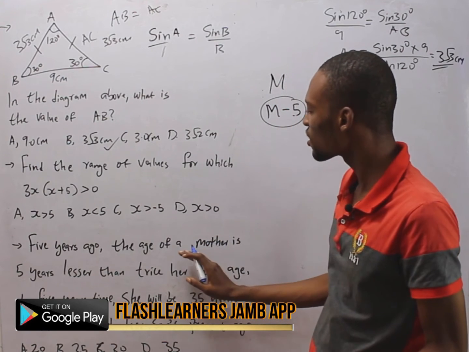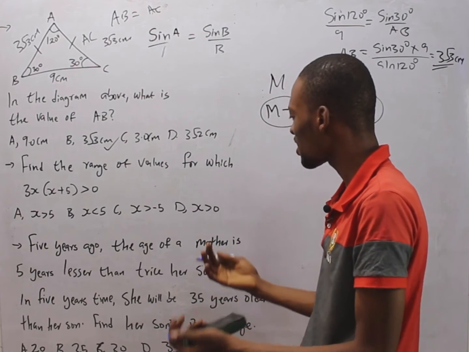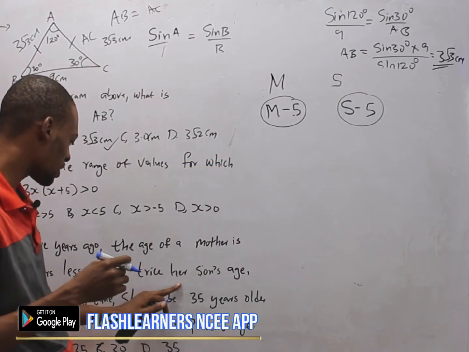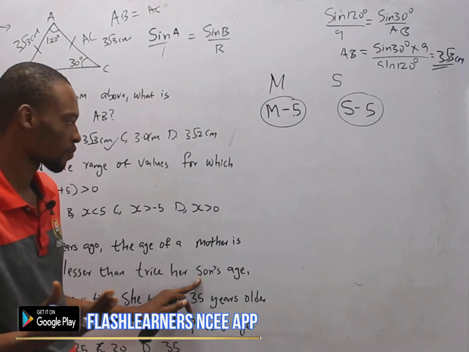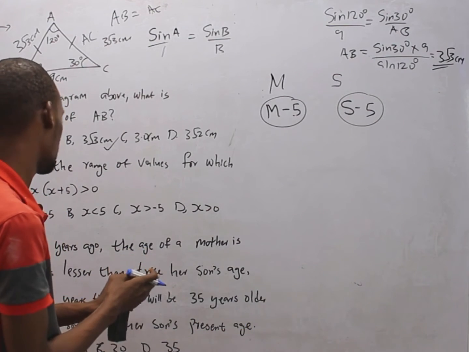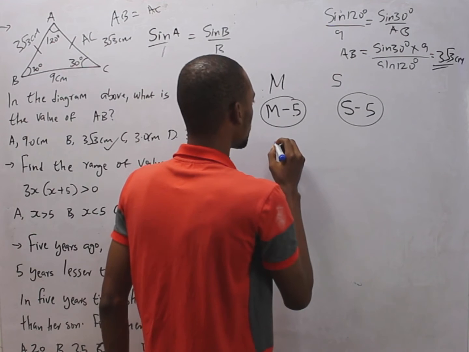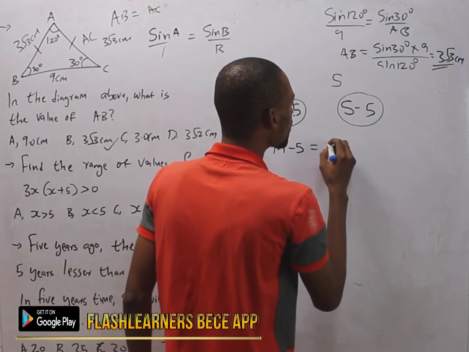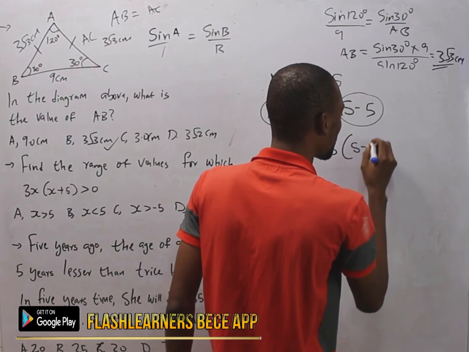It says the age of the mother is 5 years lesser than thrice her son's age, which is thrice her son's age minus 5. That was the age of the mother 5 years ago. So the age of the mother, M minus 5, equals 3 times the son's age, S minus 5.